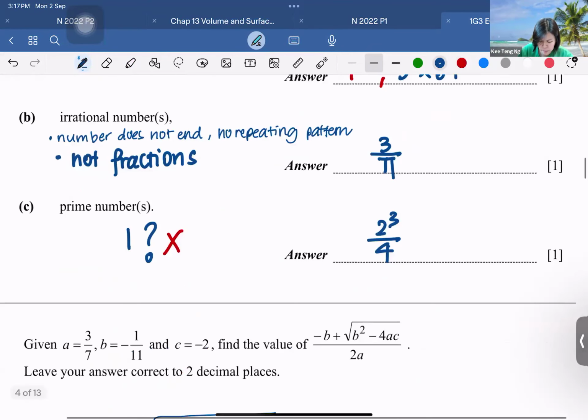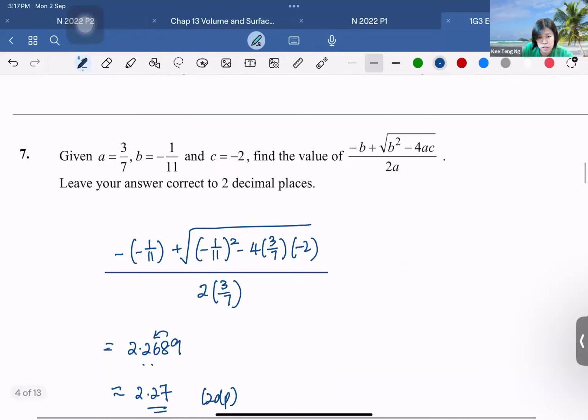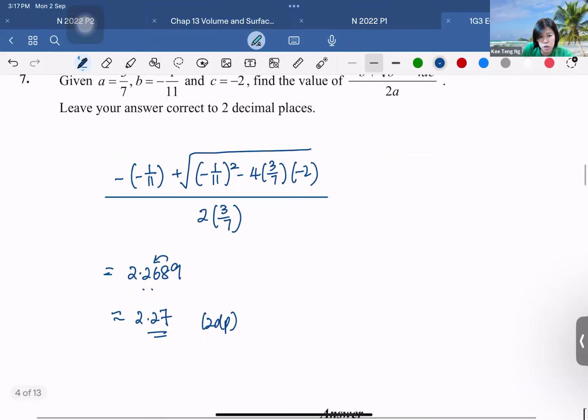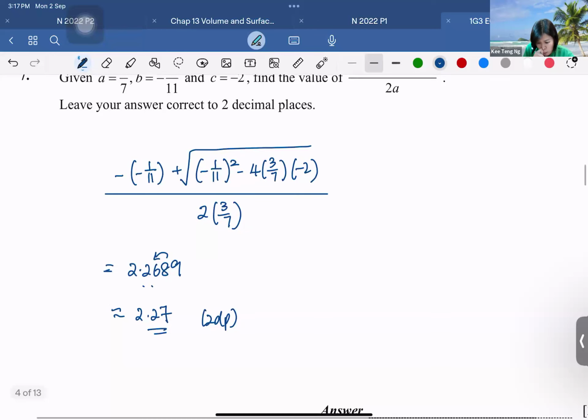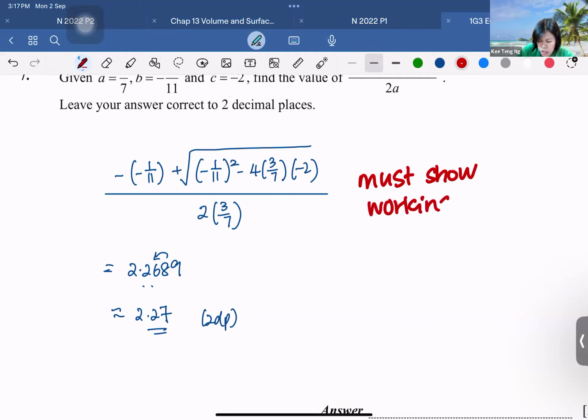Okay. Next one, question 7, relatively easy. Just make sure you plug in everything. You must show the working here. Right? And then you key in everything, including the brackets, before you square it in order to get the correct answer.